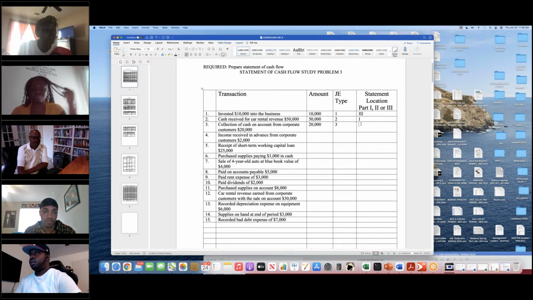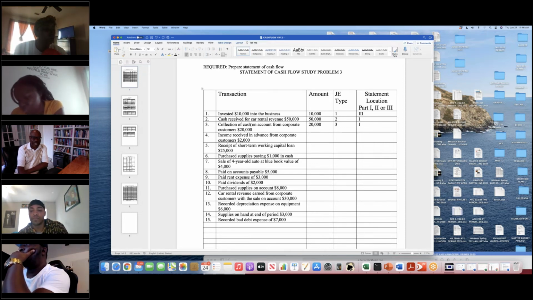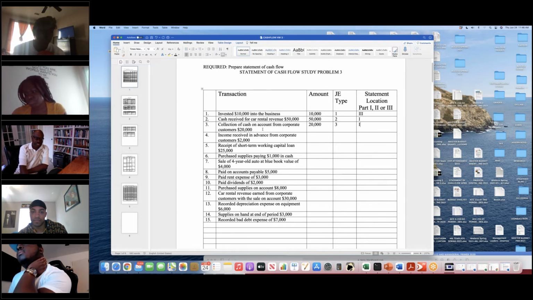Oh, it's gonna go in part 1. Well, I chose 15 because it says on account from corporate customers. Collection of cash. You got cash. You told us that anything that said on account was 12 through 16. But you're collecting it. It was a previous sale on account. So if that's what you did, that's fine, but you gotta go with we collected cash. Okay.